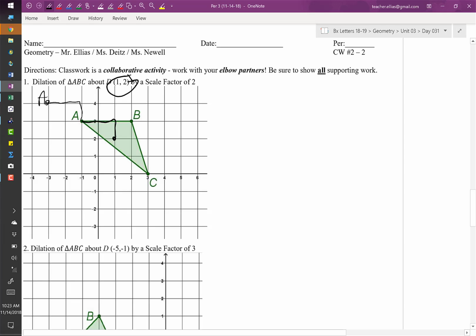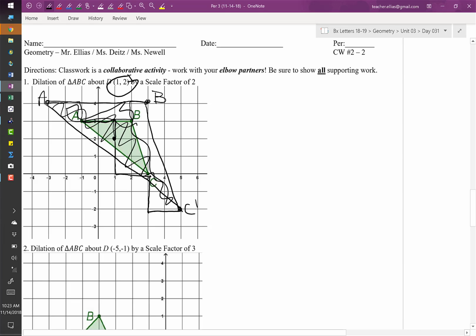Okay, so since we're just plotting points and not showing our work, which I don't really suggest, that would be A, B to C. There you go. That's how you plot points.